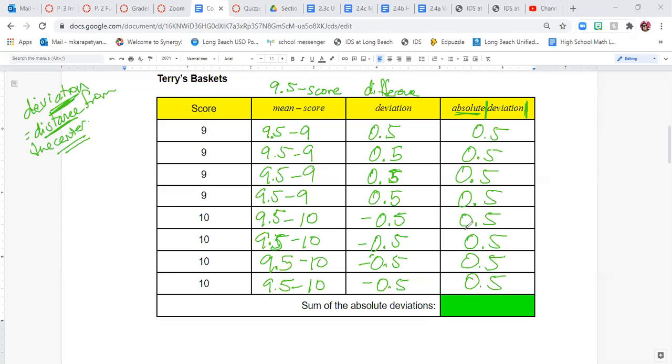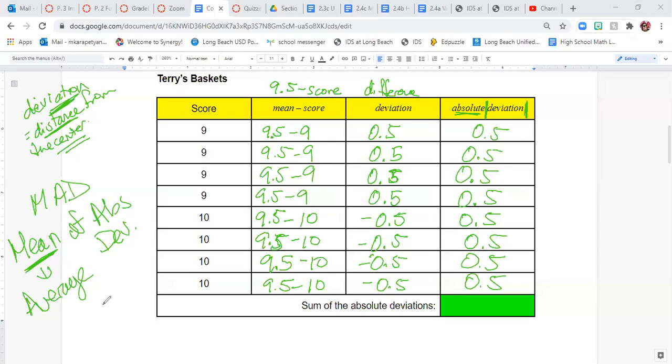Now, we found each individual absolute deviation, but the MAD stands for mean of the absolute deviations. The mean, AKA the average. So how do we find the average of something?